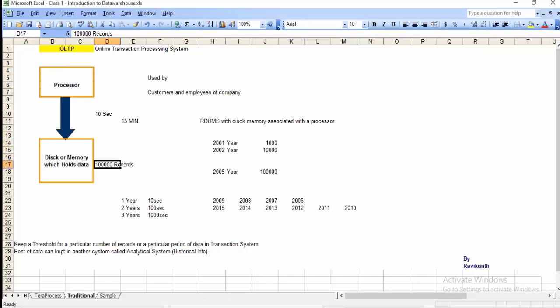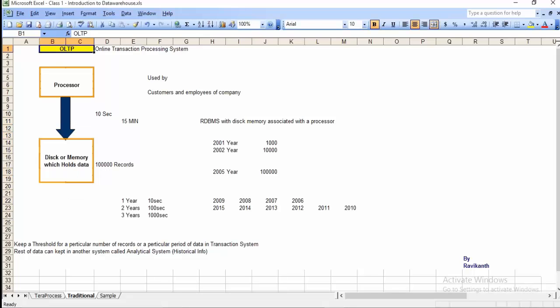Whenever the customer performs a transaction, the record is getting updated. That means in the online transaction processing system, at the back end in the database, it is performing insert records, modify records, and delete records operations, because this is live data, right?